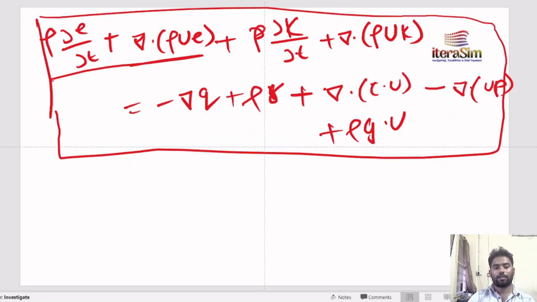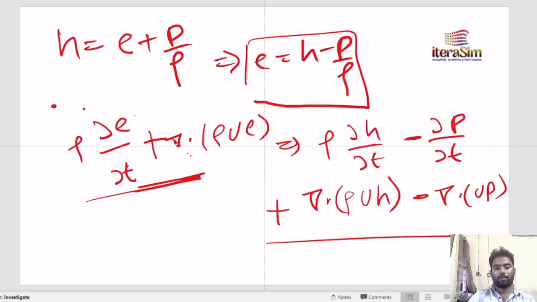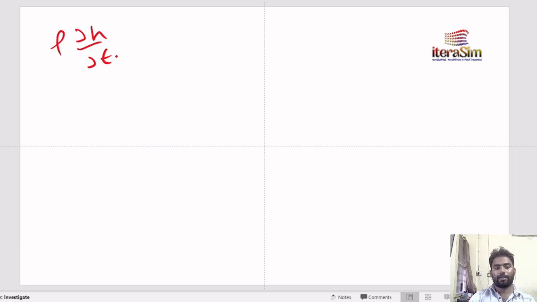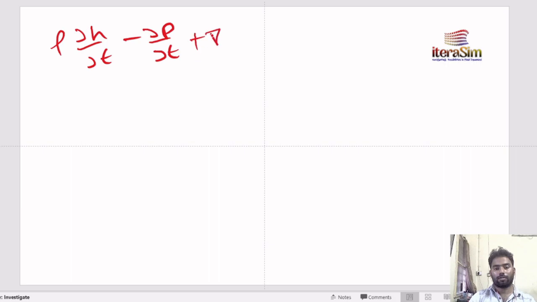We are going to put these four terms in this equation, and we have rho del h upon del t minus del p upon del t plus del dot rho u h minus del dot up.